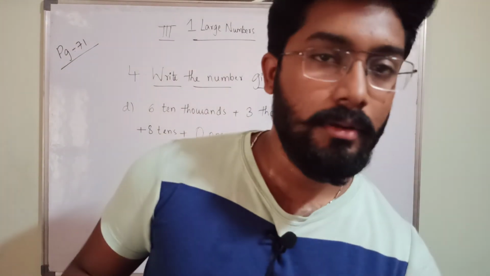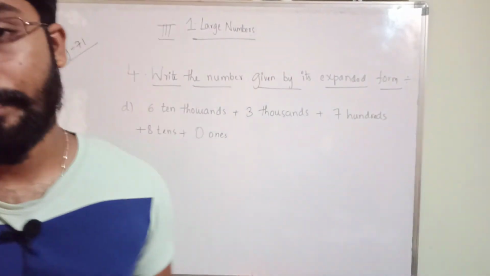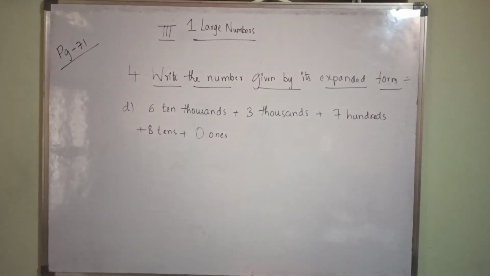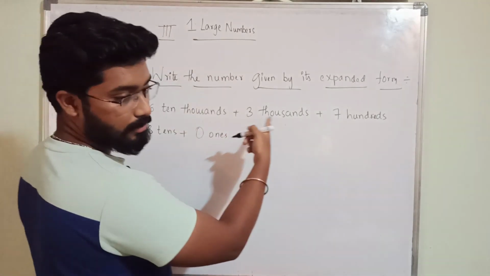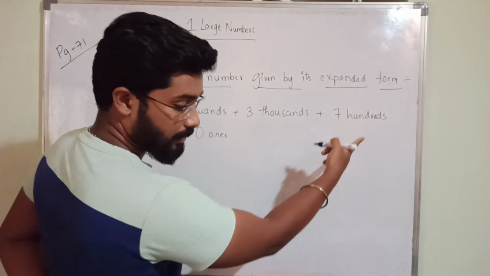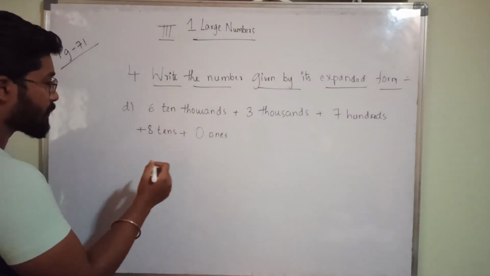Okay, just a minute. So what is the question? 6 ten thousands, 3 thousands, 7 hundreds, 8 tens and 0 ones.